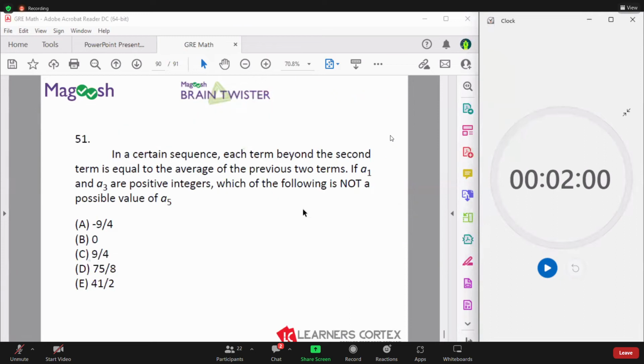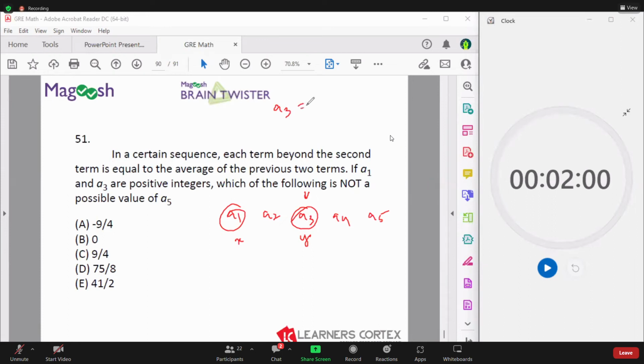I'll also explain this with the help of another explanation. That was actually brilliant working, to be honest. So 5 numbers A1 to A5, it is given that A1 and A3 are positive integers. So let's take A1 as X and A3 as Y. It is given that every number is the average of the previous two numbers.